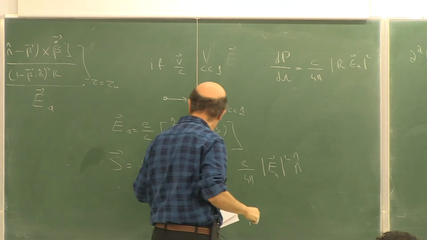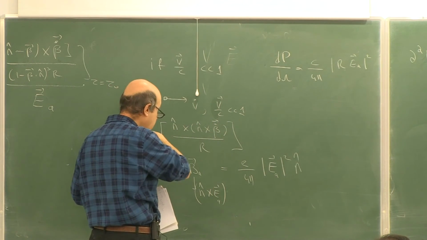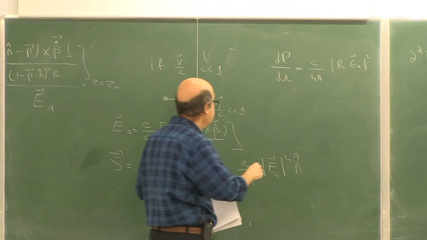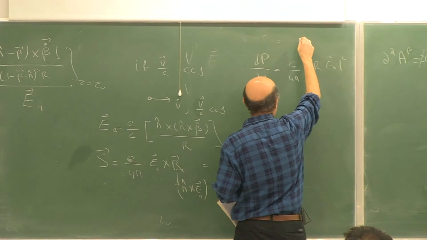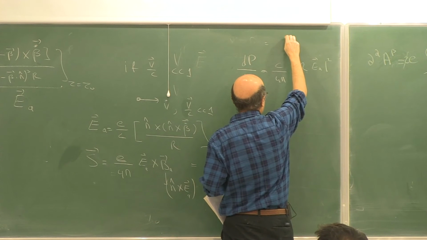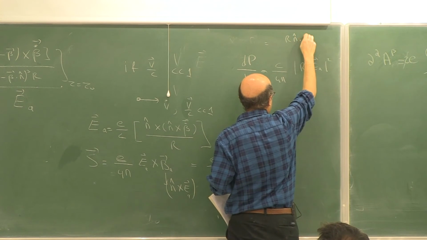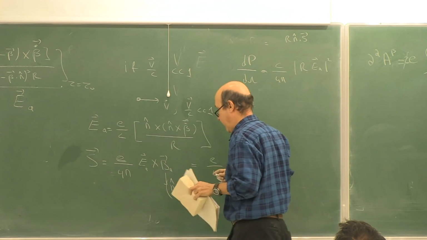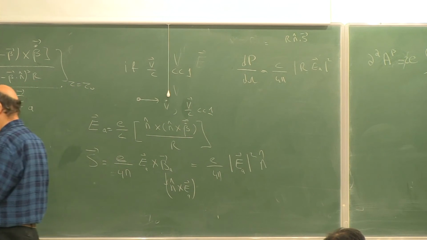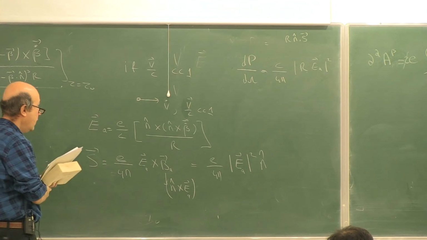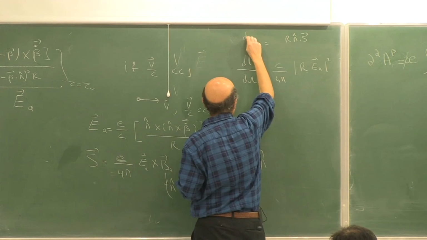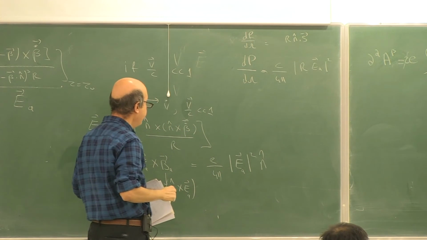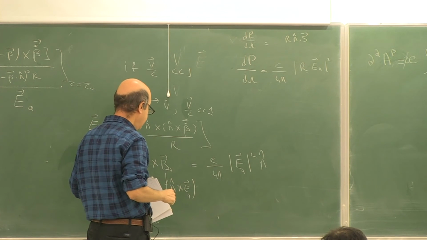Remember the definition: power emitted per solid angle was equal to R squared n dot S, so S dot n times R squared.